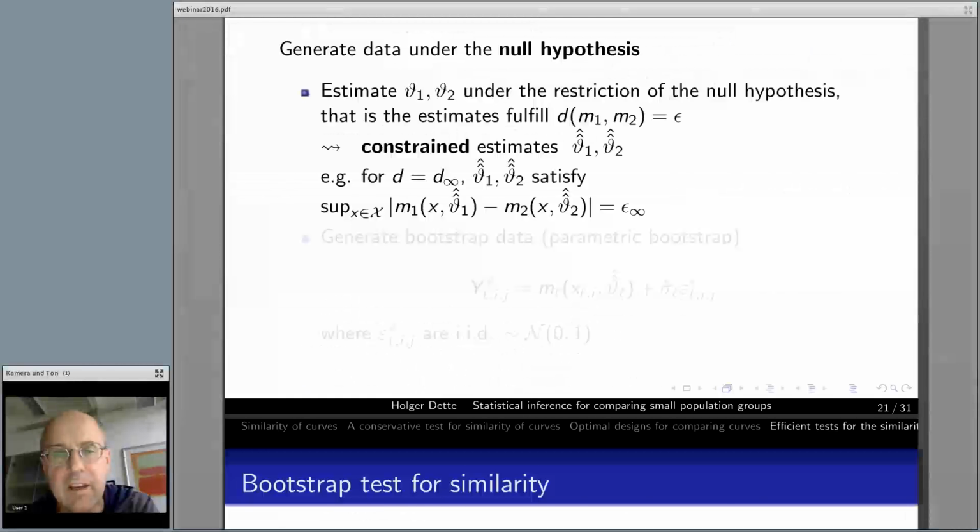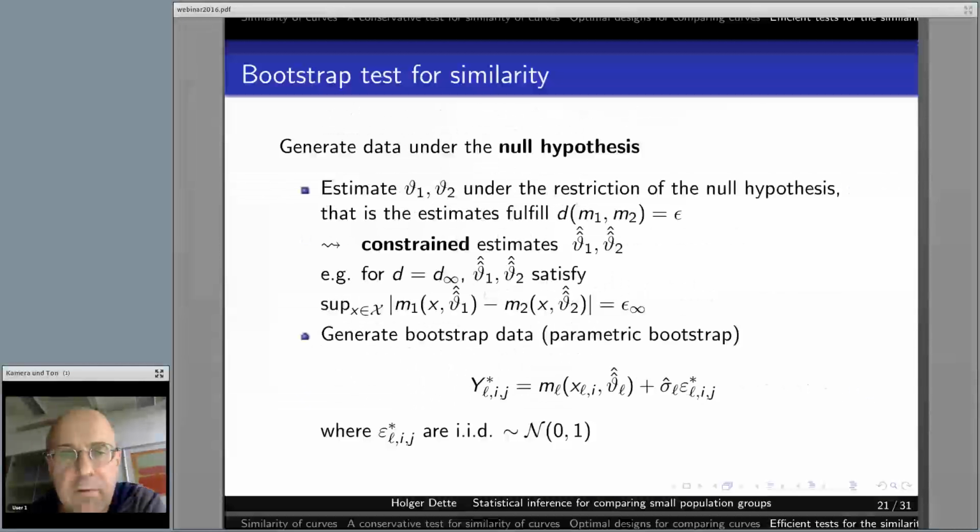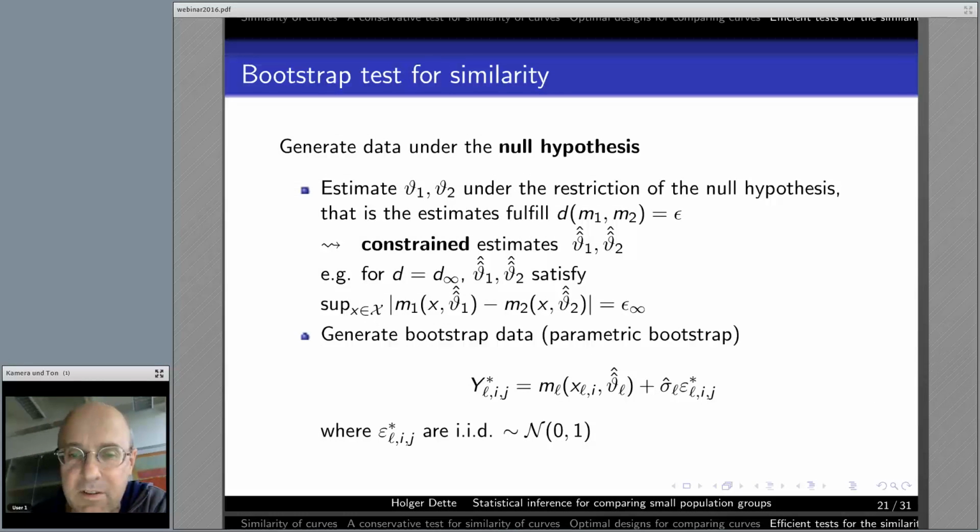You see, where we estimate the parameters theta 1 under the hypothesis that the distance between the two curves is equal to, sorry now again for the typo here, my pre-specified constant delta. That's the only constraint, and I hope you understand, so there's nothing in there, okay?